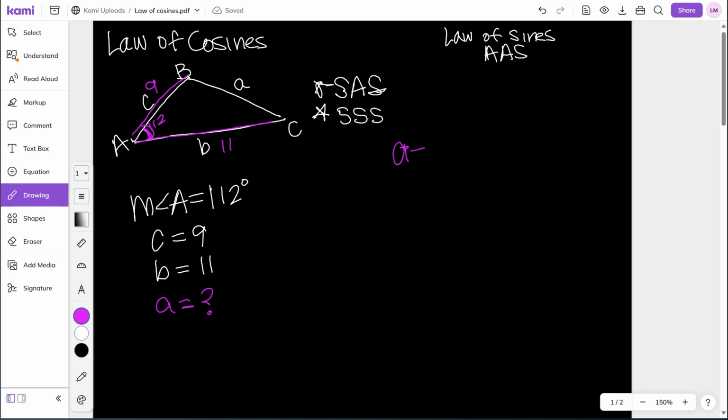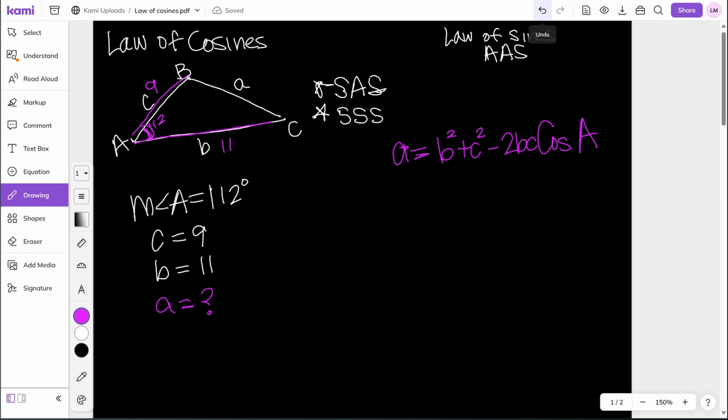Side A squared is equal to B squared plus C squared minus 2BC times the cosine of A. Now, this formula can be written two other ways, right? So we can write this with side B missing, side C missing. We're going to use this one and then I'll write the two other forms.